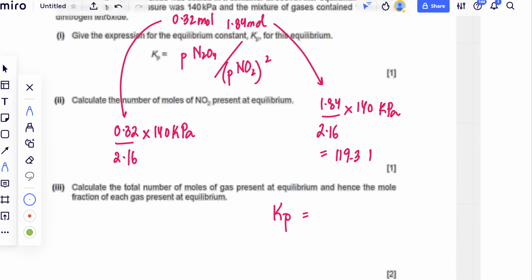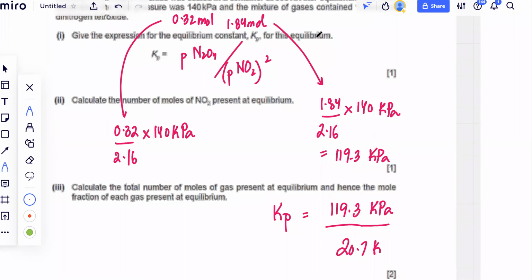So that's the pressure in kilopascals. So it's 119.3 kilopascals. What about the other side? The numerator. 20.7.